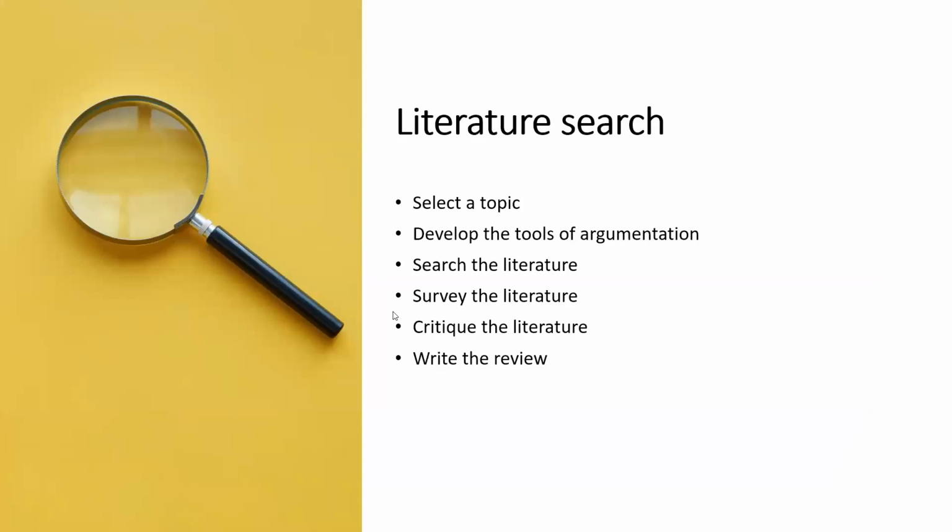So for a literature search, you select a topic and you develop the tools of argumentation. For example, you want to look at the neurobiological correlates of self-awareness, which I have studied a lot in my life using functional imaging. Your topic is selected. But then you look at the existing literature and see where there are gaps, where you can improve the understanding of self-awareness.